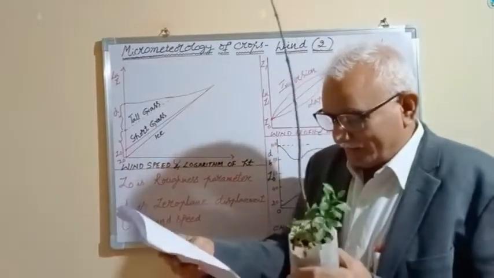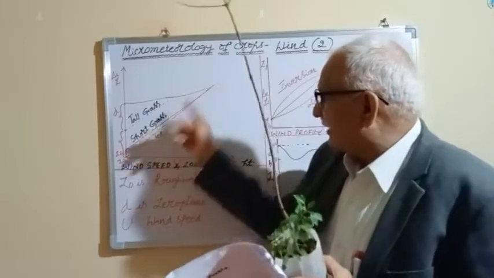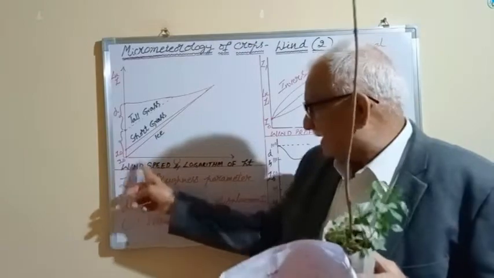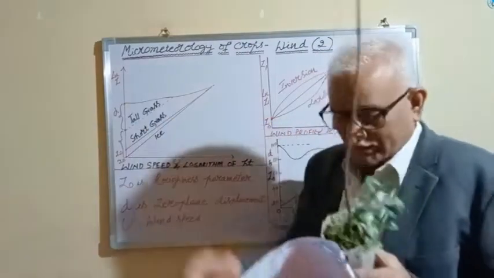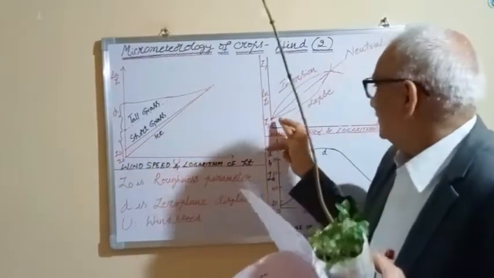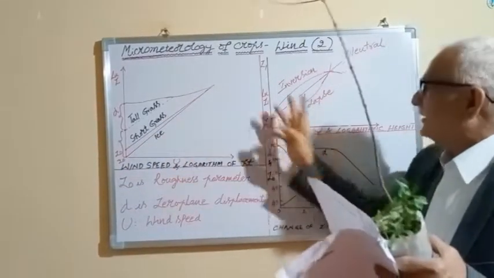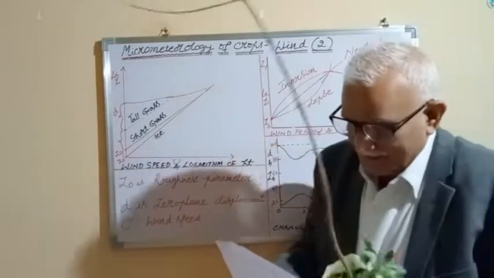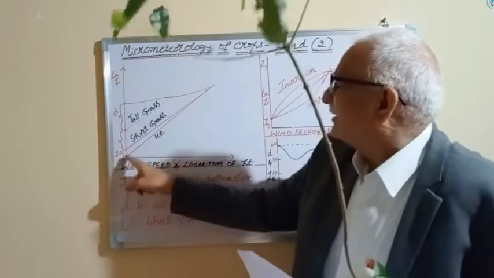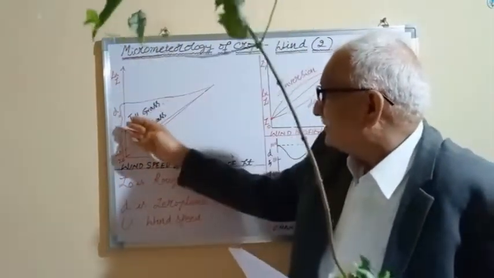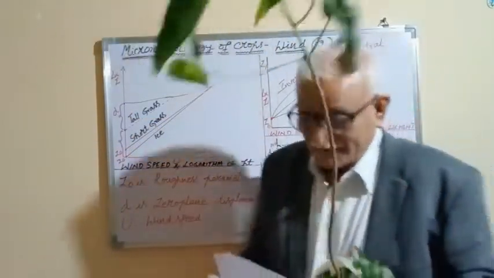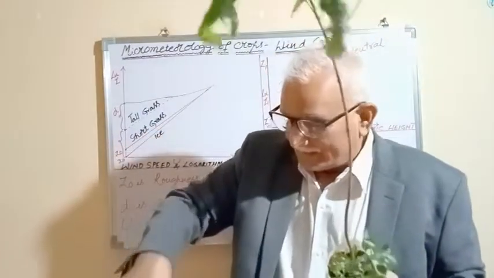Once again, under neutral conditions, the relationship between the wind velocity and logarithmic height is linear. Here also it is linear. This also is wind speed against logarithmic height. It is linear, and the intercept is the roughness parameter, that is Z0 here. The zero plane displacement is D. The roughness parameter is Z0.